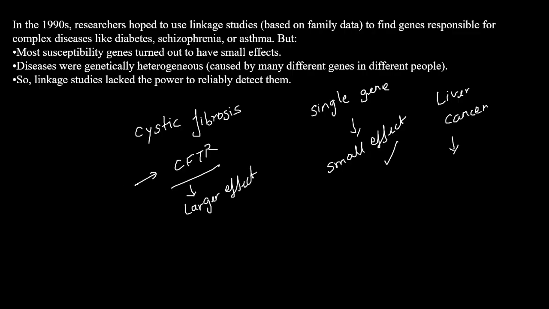So you can find the linker molecule, and you can say that this particular gene is responsible for causing a disease, or that this particular gene is linked with the gene that is causing a disease.